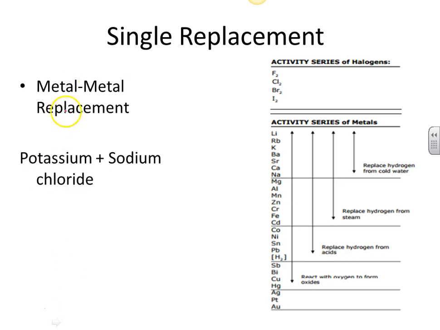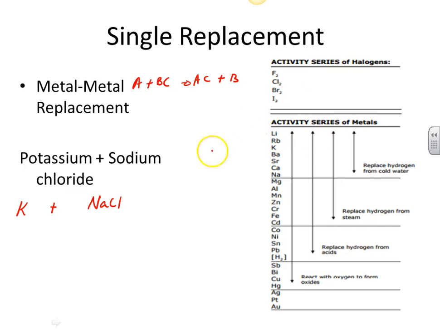So we're going to start with the metal-metal replacement, and that is the A plus BC yields AC plus B arrangement. Our first example of this is going to be potassium with sodium chloride. So we've got potassium reacting with sodium chloride.